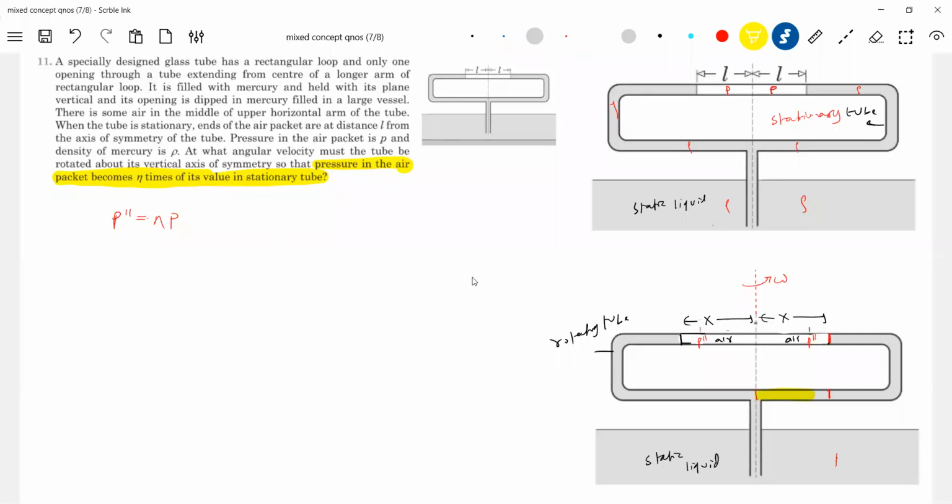Look at this liquid column, whose length is exactly equal to the length of the air column. Now analyze. What is the pressure? What is the state of it? What are the forces that are acting, that yellow color?